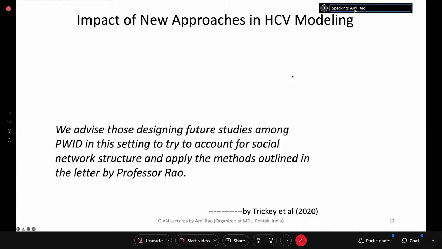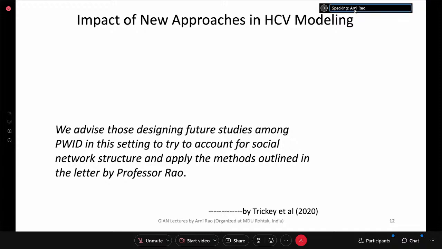And in another, different article, they also mentioned that these new designs could be used to control hepatitis C in the real world.